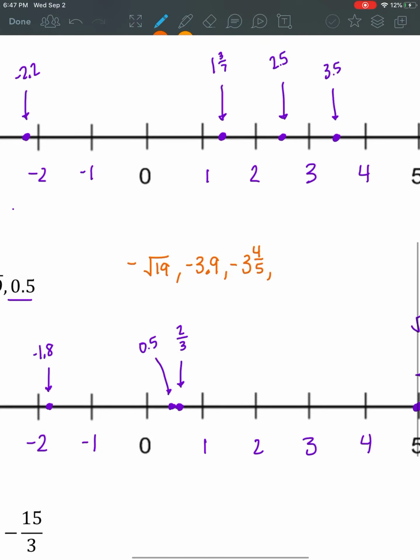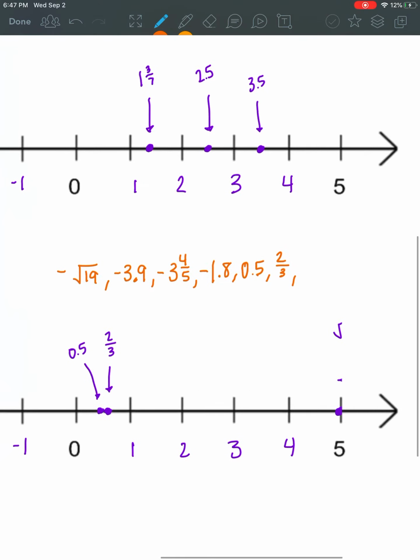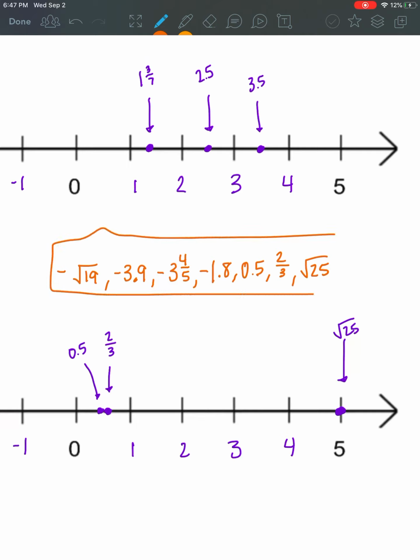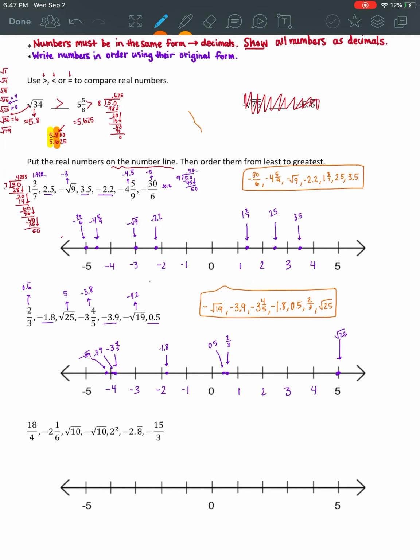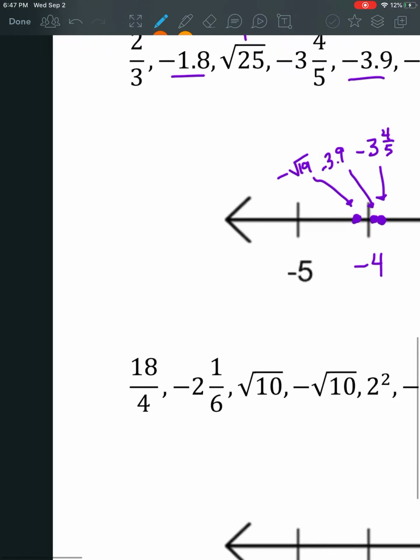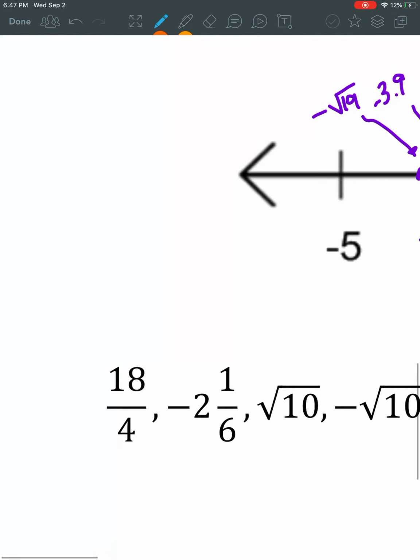And then negative 3 and 4/5. And then negative 1.8. 0.5. 2/3, and the square root of 25. So we have 1, 2, 3, 4, 5, 6, 7 numbers. Exactly what we started with.